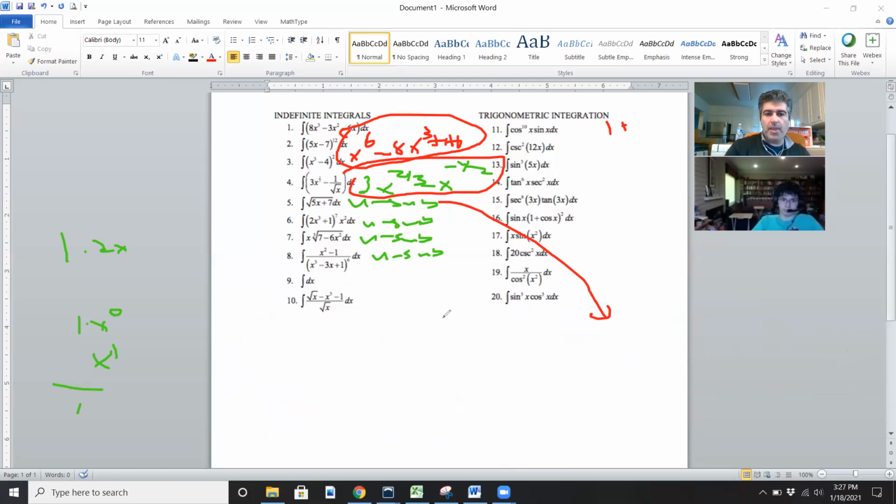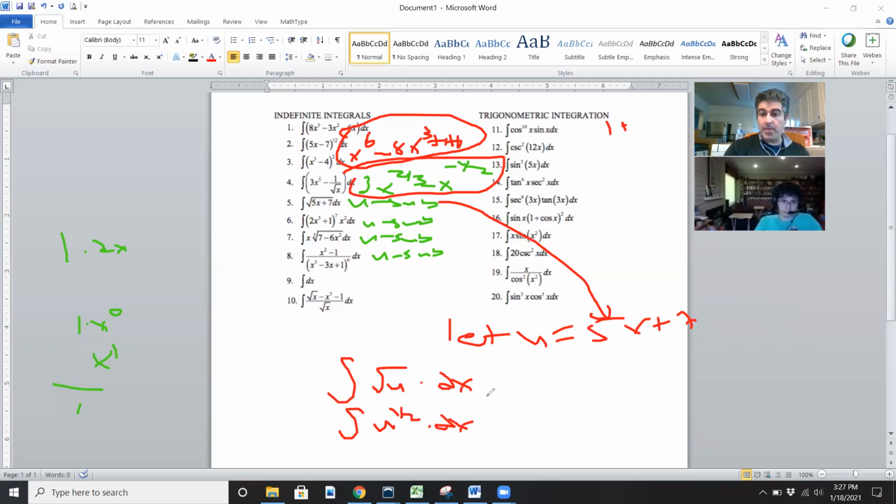So I would let U equal 5x plus 7. Usually you let U equal the big expression that's in parentheses or under a radical, because then the integral becomes the square root of U times dx, or U to the 1 half times dx. However, you got to do something about dx.